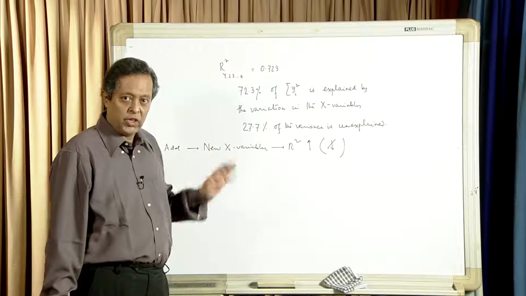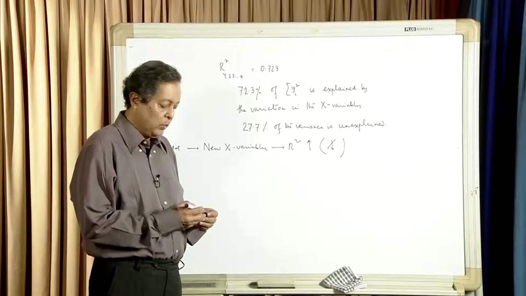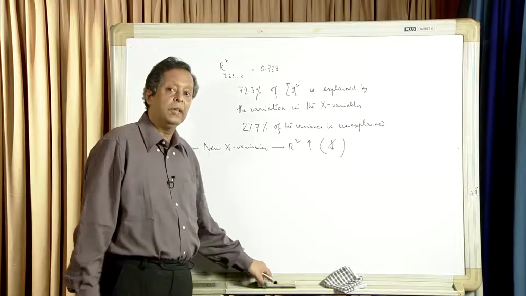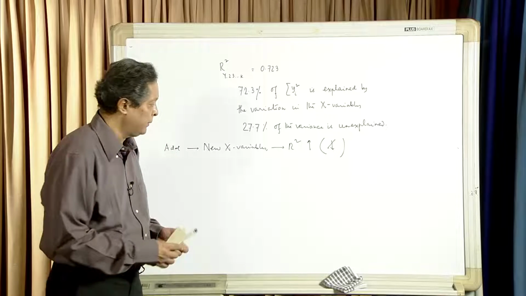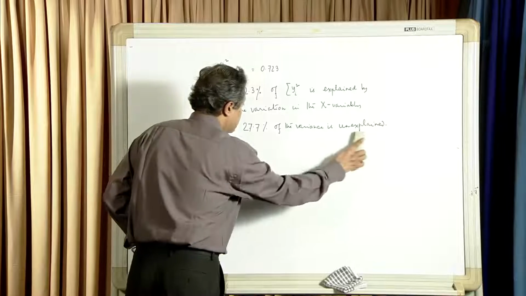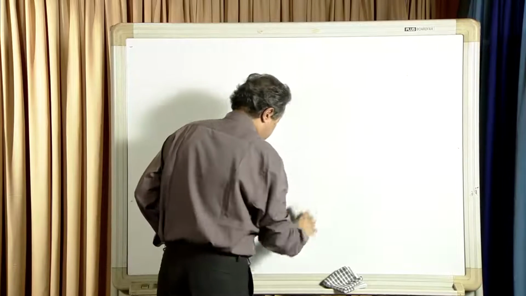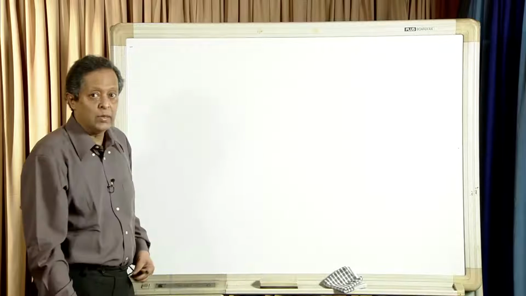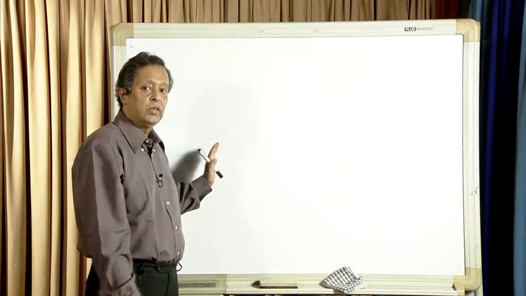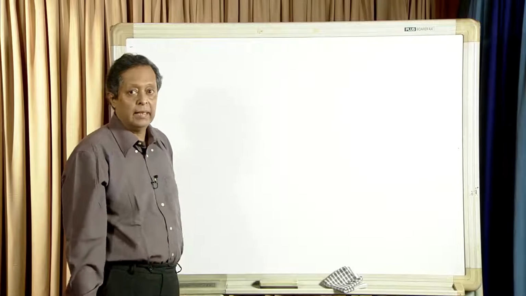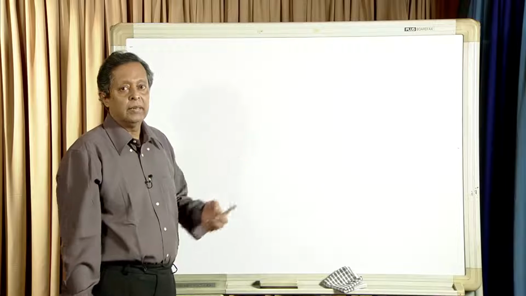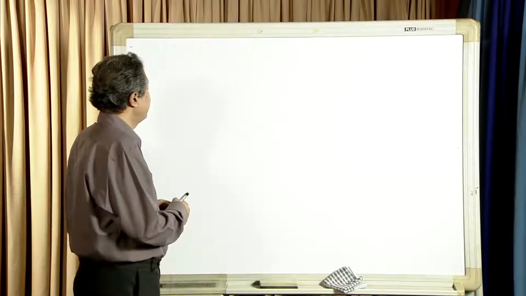So, to put a check on that, we develop the concept of the adjusted R square. The adjusted R square is R square modified to take into account that we should not unnecessarily go on adding more and more x variables.